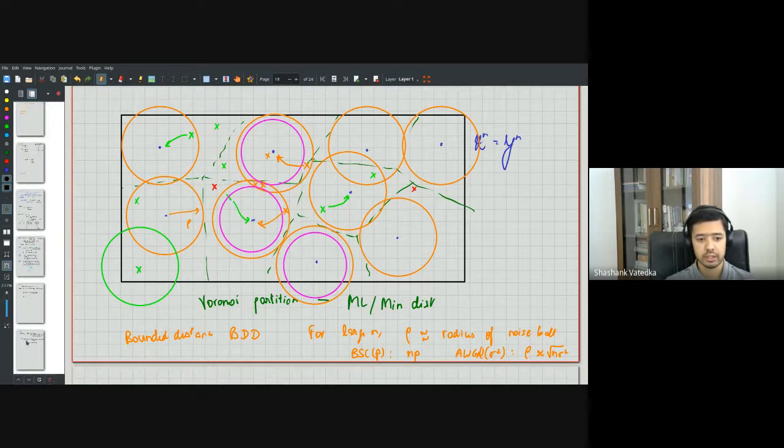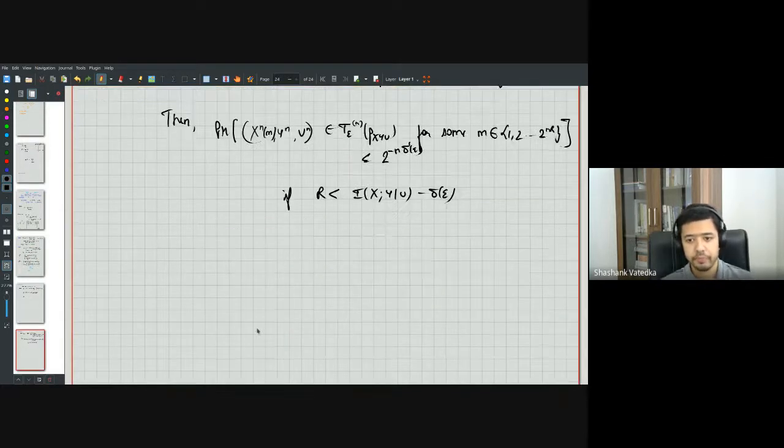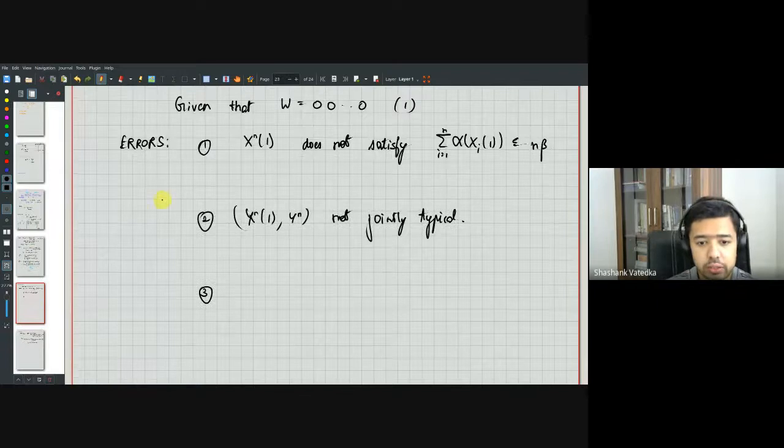That is the second type of error that can occur. The third type of error is that it lies in multiple shells, that is, it lies somewhere in this particular region. That is the third source of error: it is jointly typical with respect to some other message.